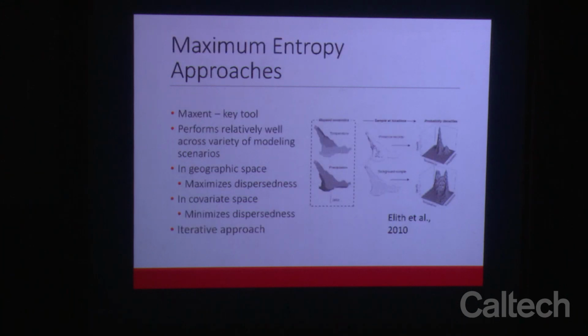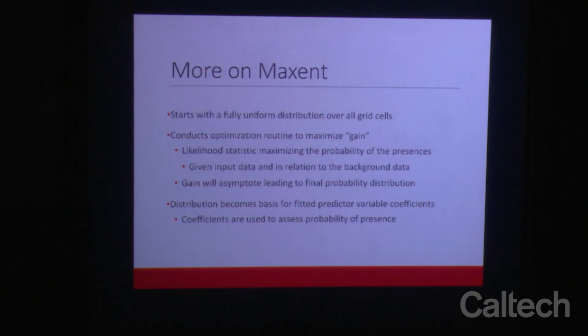These are very simple. Although there are many tools out there based on a form of GLM or GAM model, one of the key ones that people still tend to use is Maxent, which performs relatively well across a variety of modeling scenarios. It's basically trying to maximize smoothness in geographic space while minimizing dispersiveness in covariate space using an iterative approach.